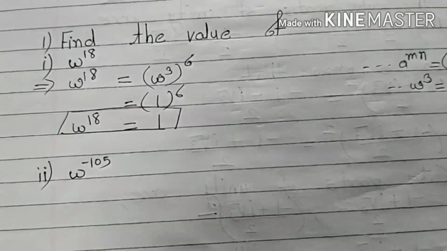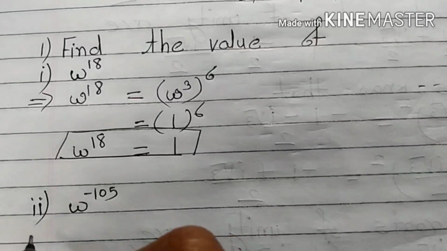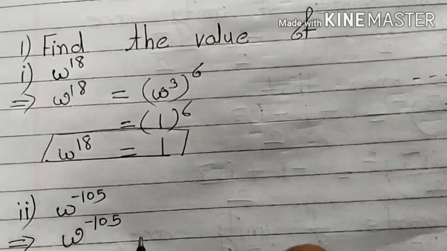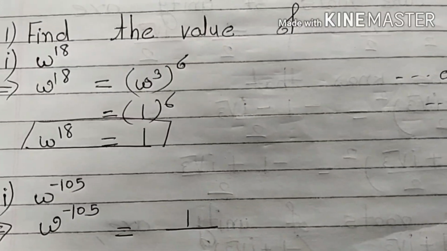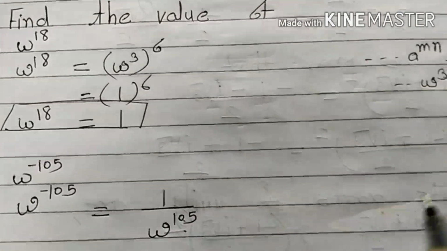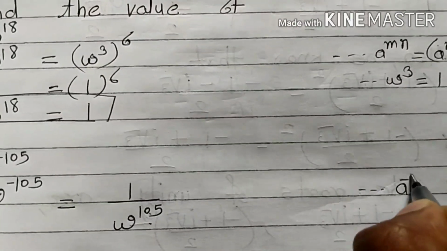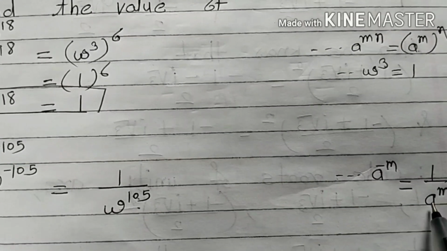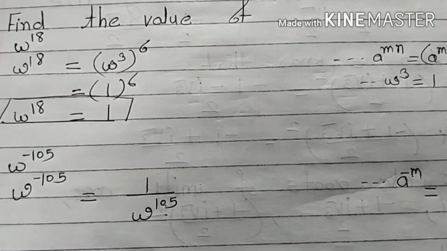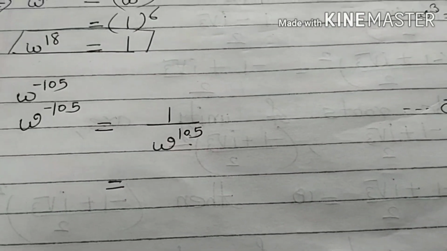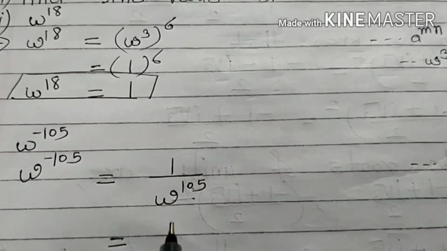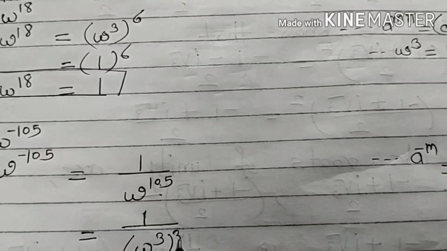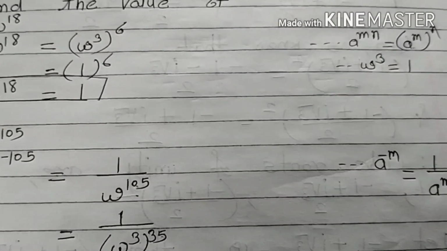Now next example, omega raised to minus 105. So write it as it is, omega raised to minus 105. Using laws of indices, we can write it as 1 upon omega raised to 105. What is the rule? a raised to minus m is equal to 1 upon a raised to m, which means negative becomes positive. Now we know that omega cube is 1, so write it as 1 upon omega cube raised to 35, because 35 into 3 is 105.